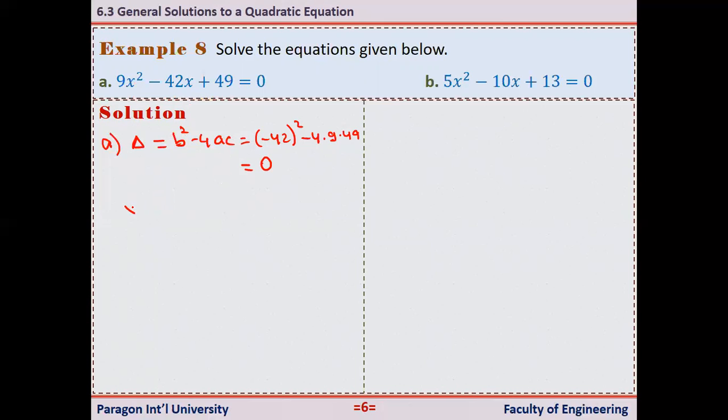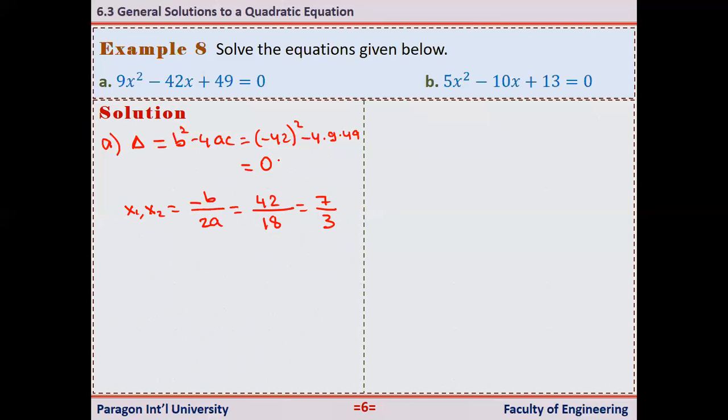So x1 and x2 equal minus b plus or minus square root of delta, which is already 0, over 2a, which is 42 over 2 times a, it is 18. If you simplify this, 42 and 18 are divisible by 6. Here we have 7 over 3.